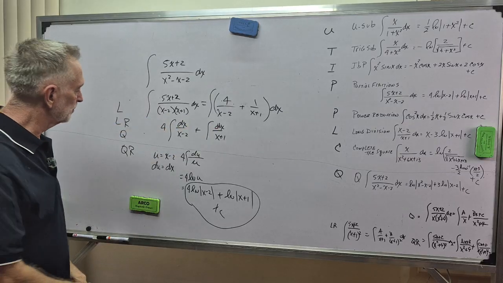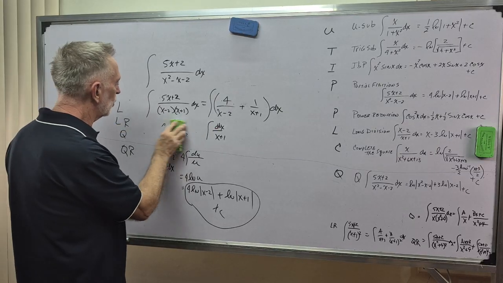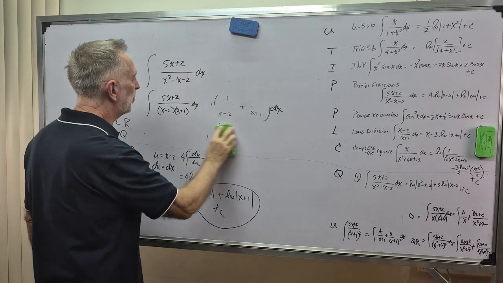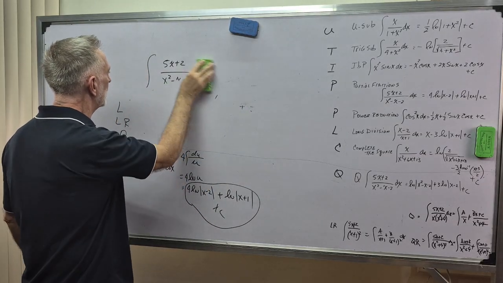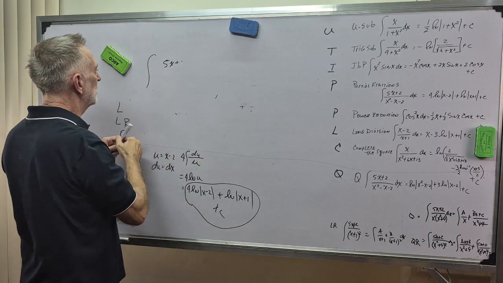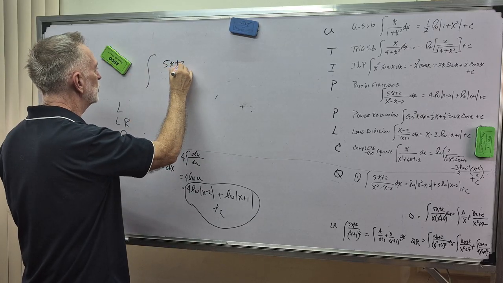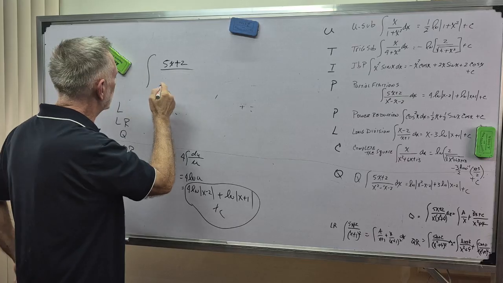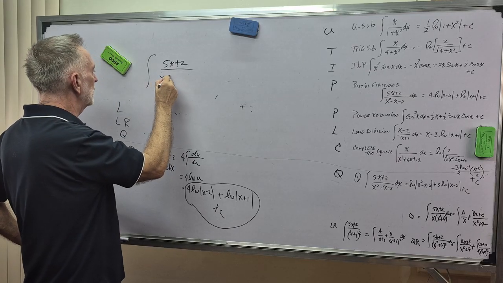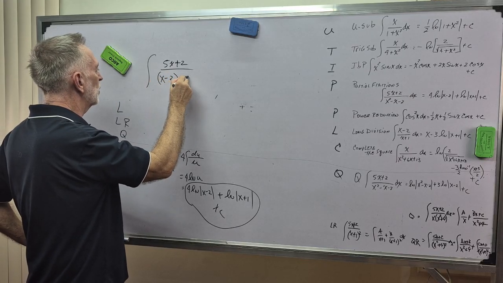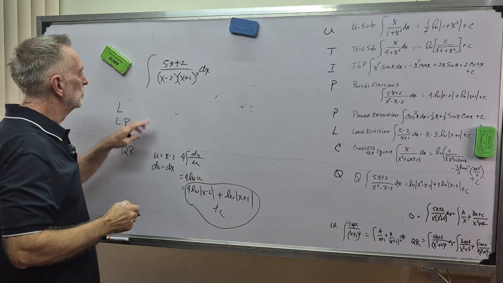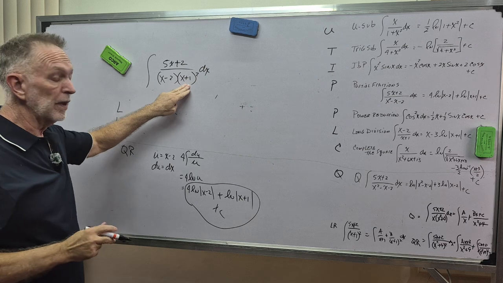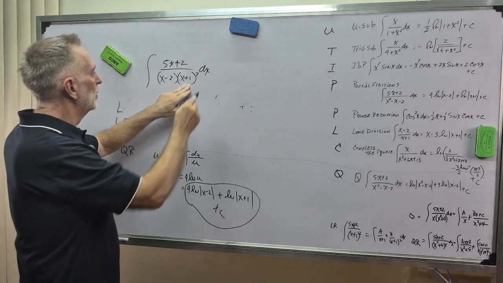Okay, that's how you use linear partial fractions. What if it were linear repeated? And by that I mean, x plus 2 over x minus 2 times x plus 1 squared dx. So I have a linear term, but now I have a linear term repeated.